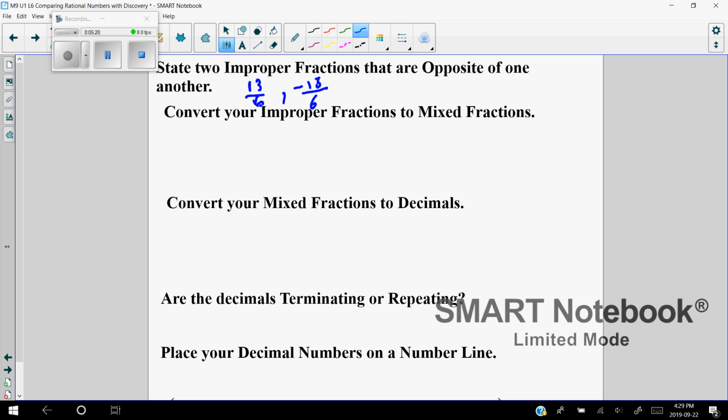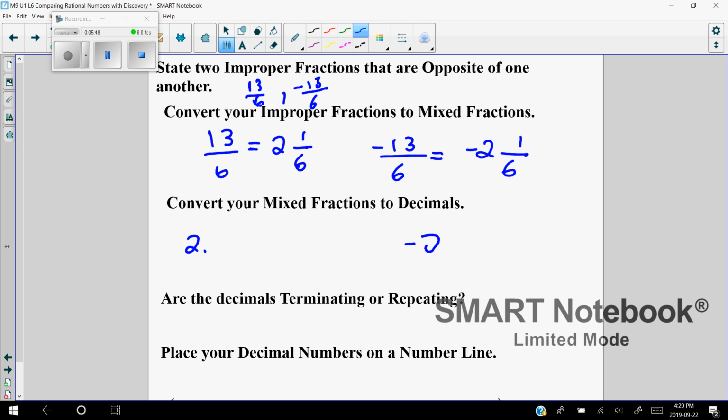So 13 over 6 is equal to 2 and 1/6, and negative 13 over 6 is equal to negative 2 and 1/6. Convert your mixed fractions to decimals. All right, so I know I'm going to have 2 decimal something for both of them, but one is going to be negative and one is going to be positive.